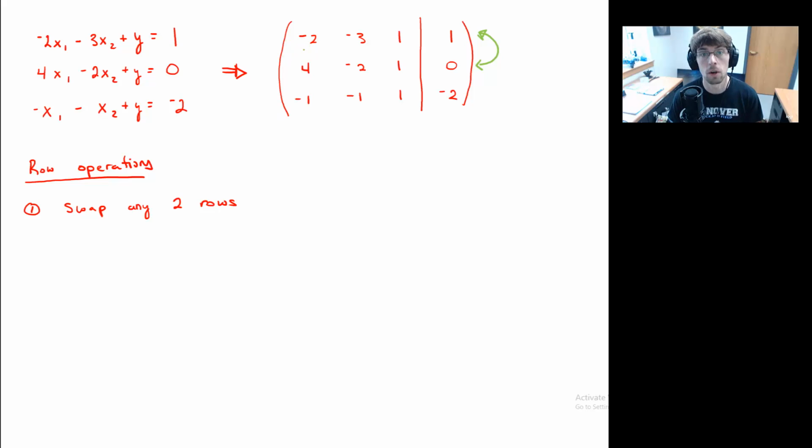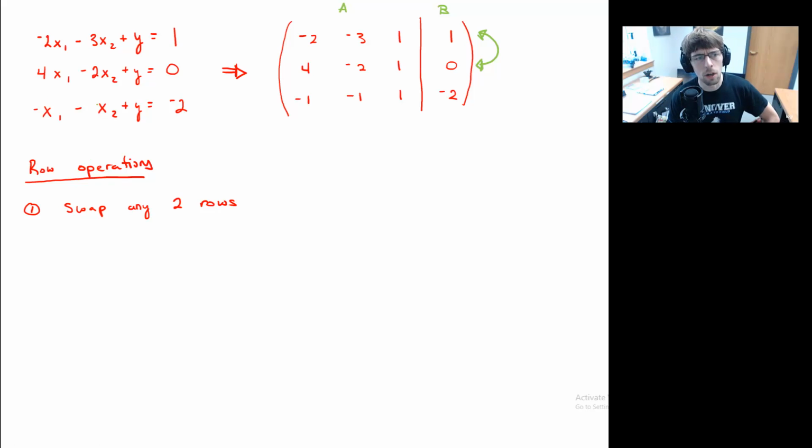I don't like -2. I want a positive value in the 1, 1 element. I can simply swap those two rows, being sure that not only do I swap the row in the A matrix, but also the B matrix. So I have to take this entire row and swap it with some other row. That is a legitimate operation. That doesn't change the end result.